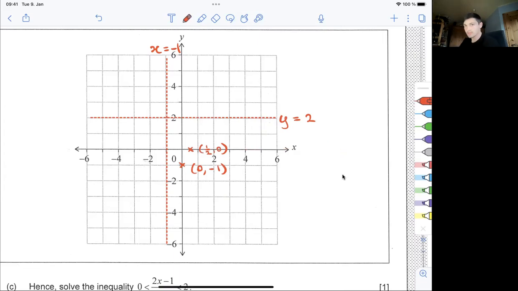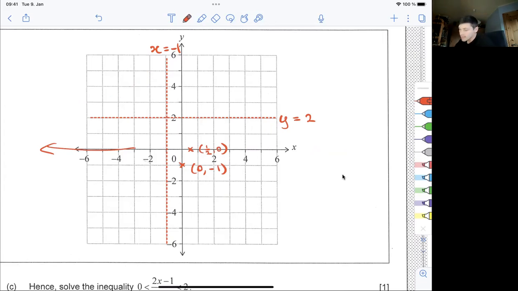It never touches it, but it tends towards that value. Equally, we know as x tends towards negative infinity, so going this way, our line is going to tend towards y is equal to 2, but it won't ever touch that line.